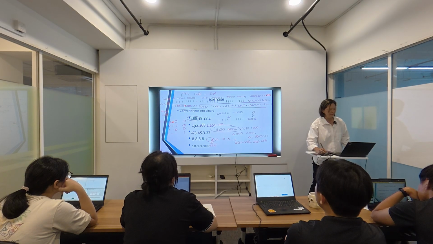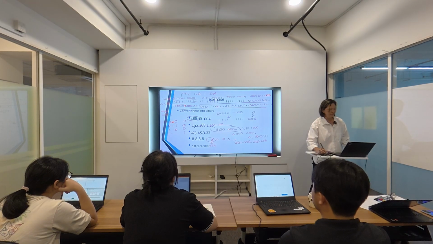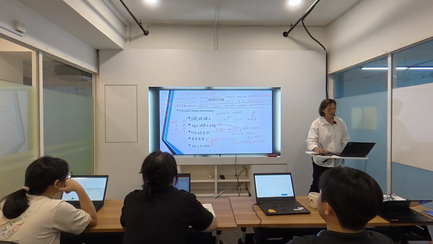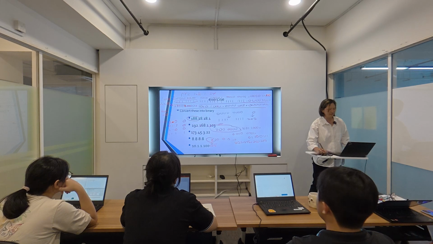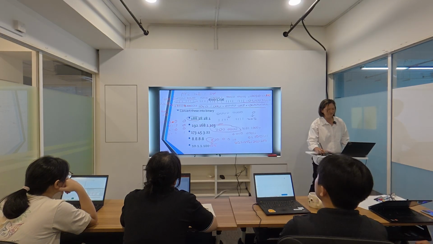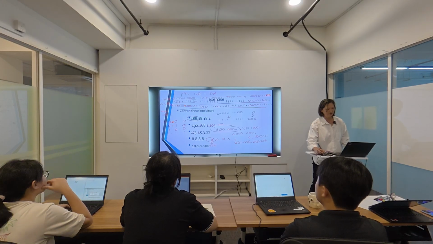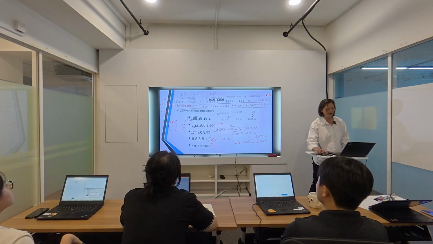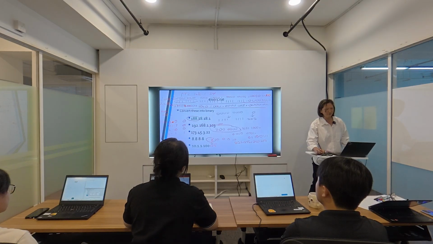Now, if you analyze, whatever is ANDed with 1 comes back as the original. So 11000000 AND with 1s, you get back 11000000. Same for 168, which is 10101000: AND with 1s, you get back the exact same binary. And for 1 in binary, AND with 1s, you get back 1. And anything AND with 0 becomes 0.